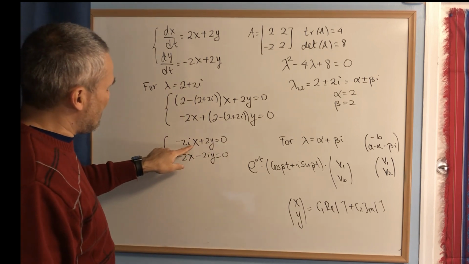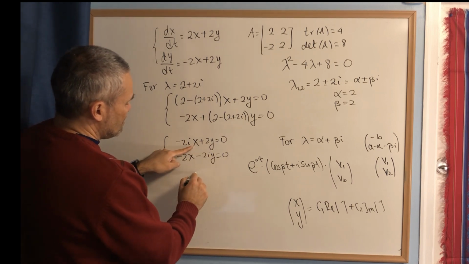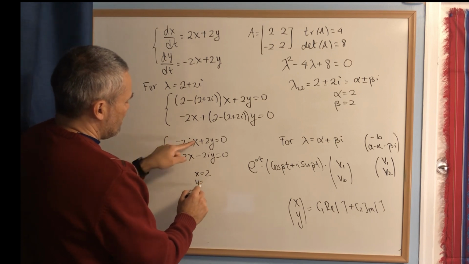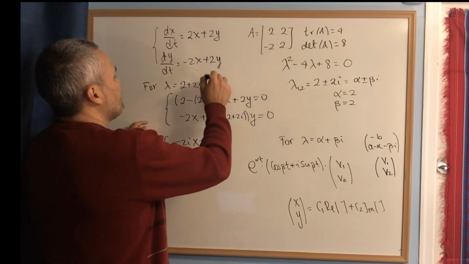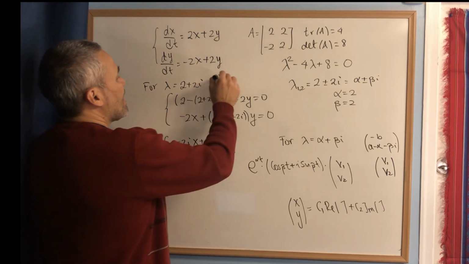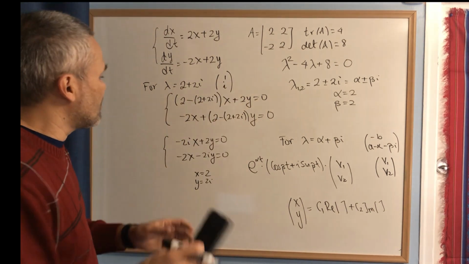We can pick as a solution x equal 2 and y equal the opposite of this, 2i, or we can pick any multiple, let's say 1 and i. You pick that, and that's your eigenvector.